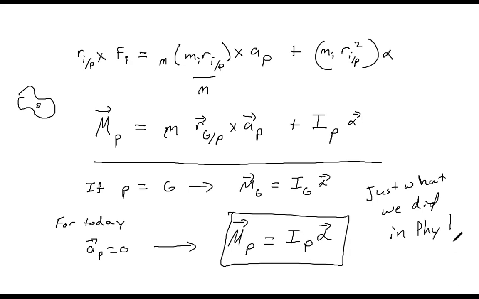So that's the key equation we're going to use today in our examples. What the lecture slides do is they further specify and choose coordinates. So let me write down our full equations now, when the acceleration at point P is 0.